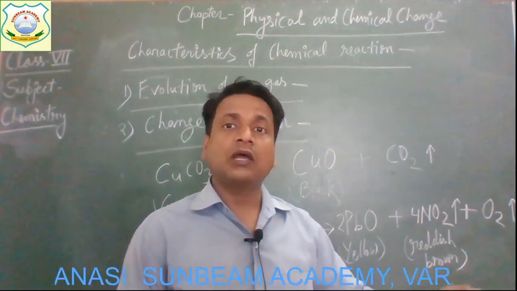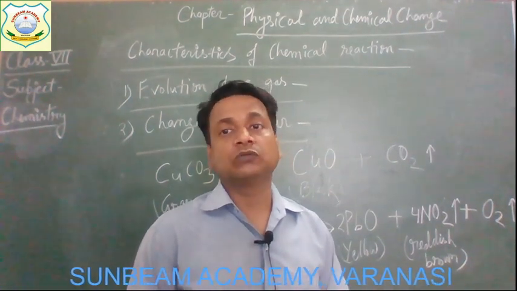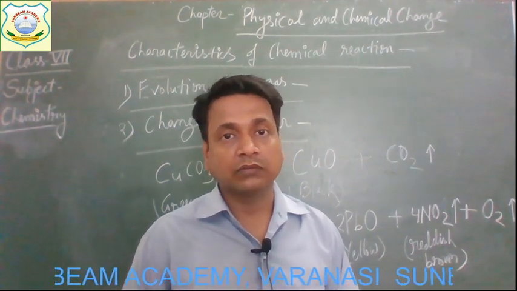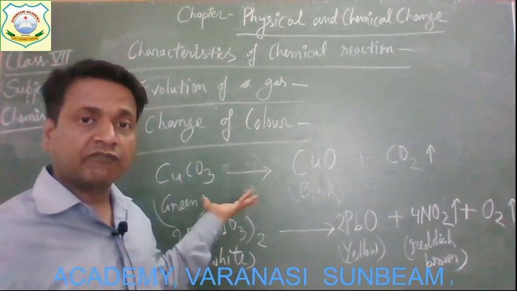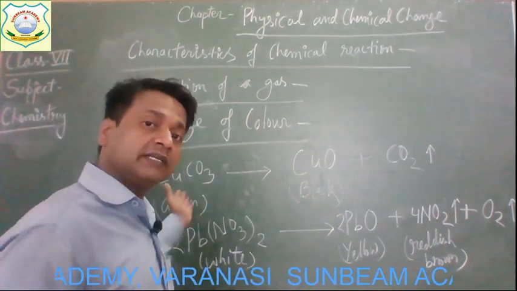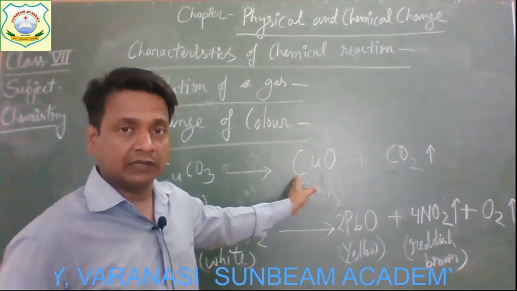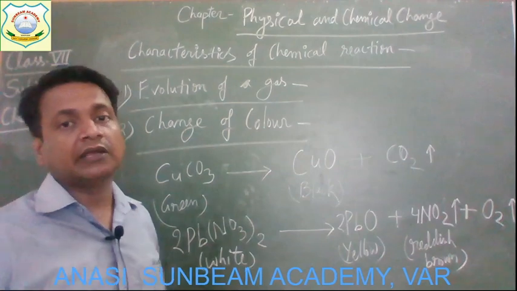So these all indicate that a chemical reaction has occurred, and due to that the gases evolve. And the second characteristic of chemical reactions is change of color: the reactants have one color and the product has a different color. That also indicates the occurrence of a chemical reaction.